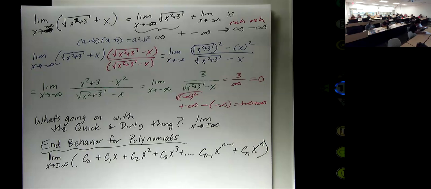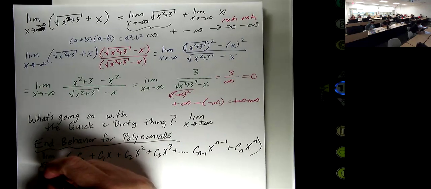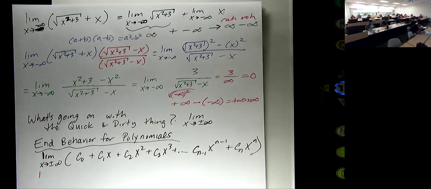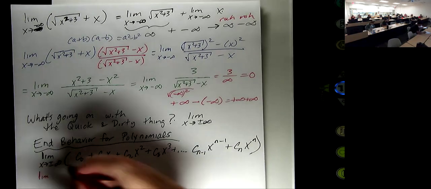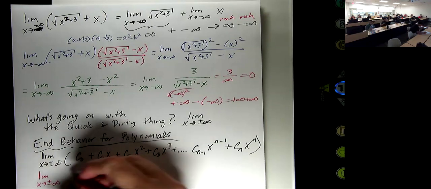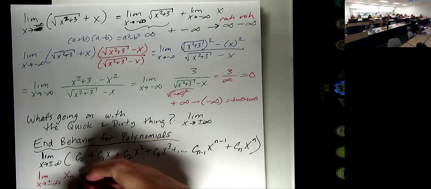Since we're going to positive or negative infinity, we can factor out an x to the n. I'm going to factor it out on top. Limit as x goes to positive infinity, pull out an x to the n.